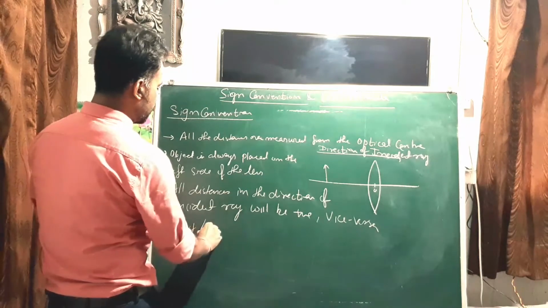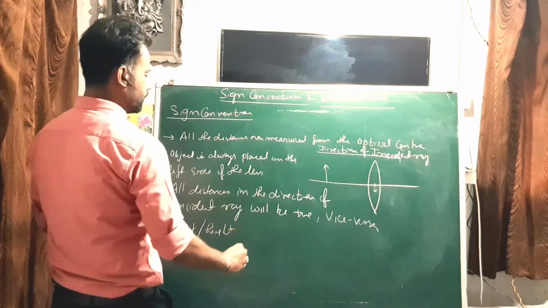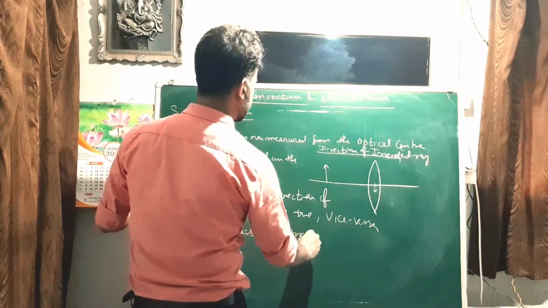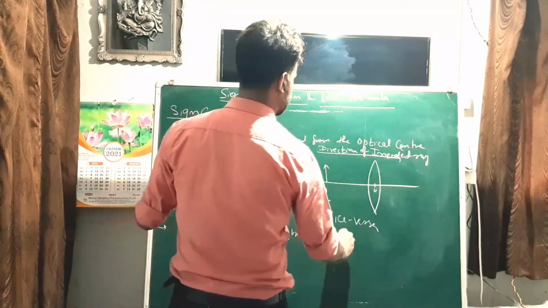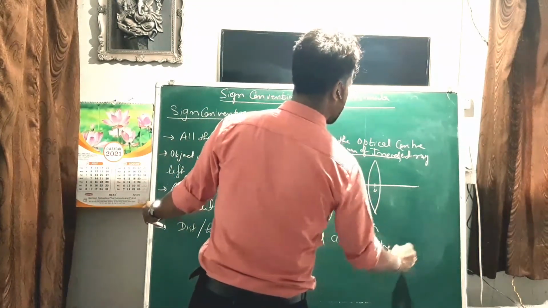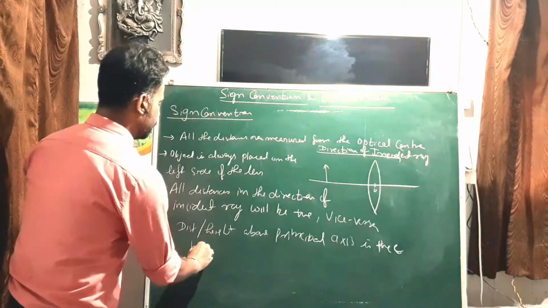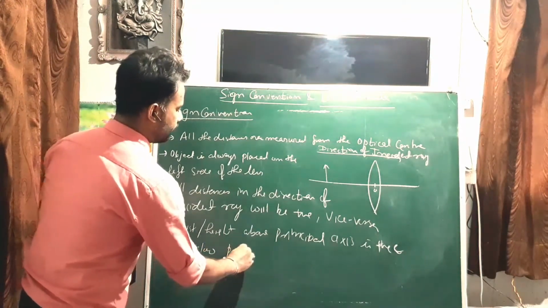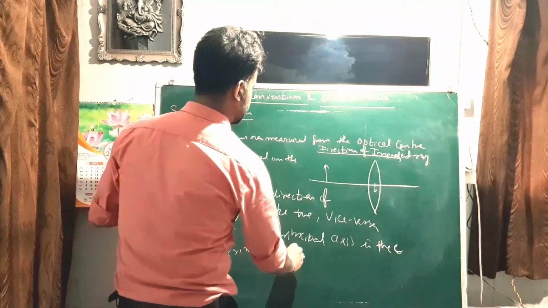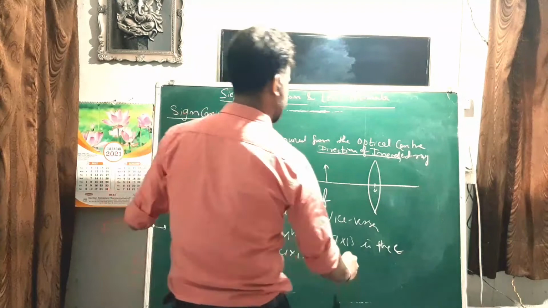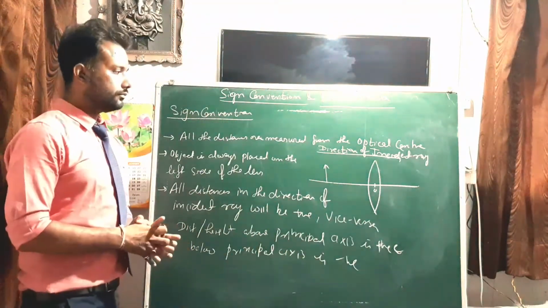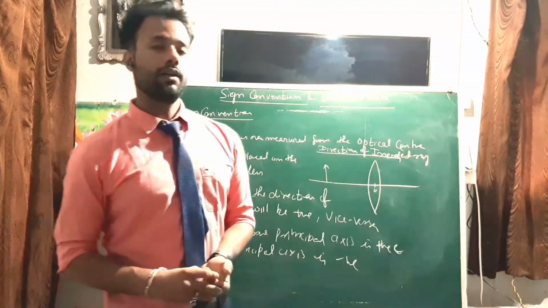Distance or height above the principal axis is positive, and below the principal axis is negative. So these are the sign conventions while using the lens formula.